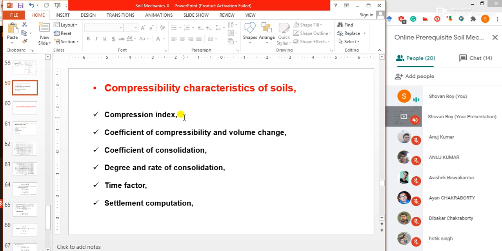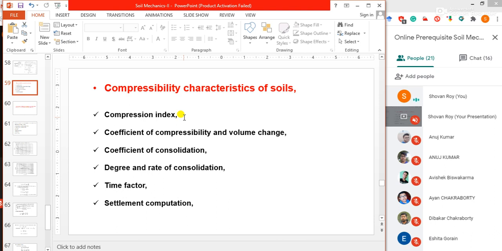After the compression index, the coefficient of compressibility is AV. What is the definition of the coefficient of compressibility? I have already told you, but I am repeating.